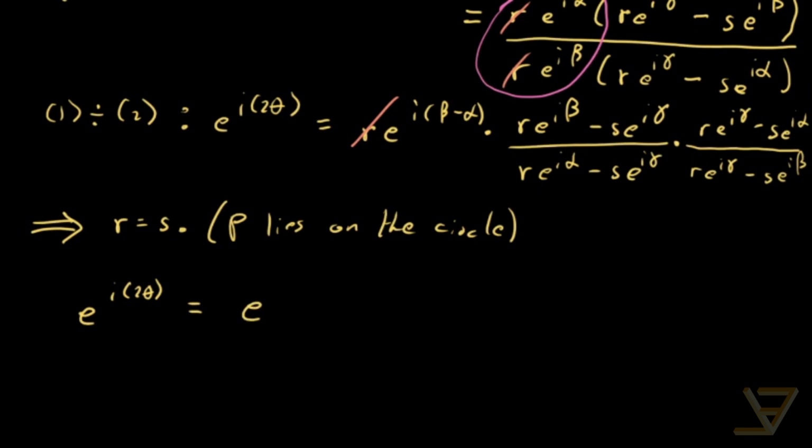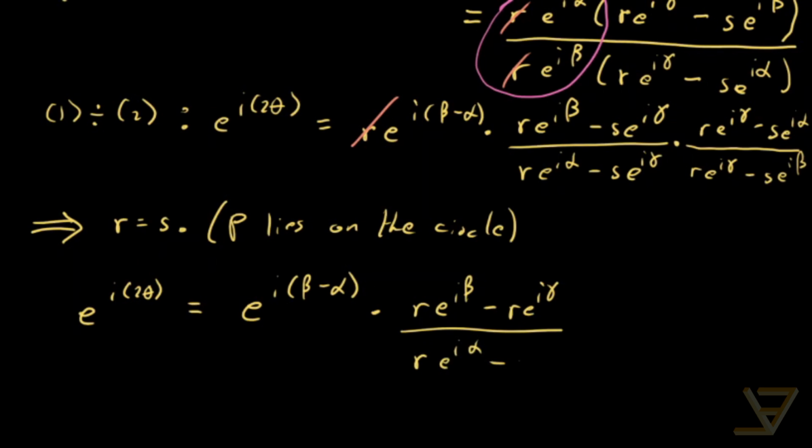We get e to the i beta minus alpha times r e to the i beta minus r e to the i gamma divided by r e to the i alpha minus r e to the i gamma times r e to the i gamma minus r e to the i alpha.